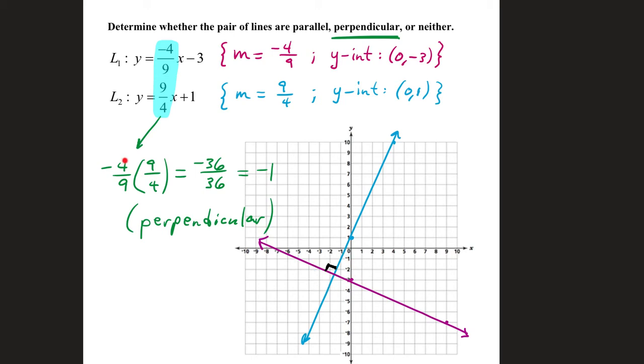If you take the first line's slope and multiply it by the second line's slope, you get negative 1 as the result, and that's how you can test for perpendicular. Another one is a quick visual. If you take the first slope, flip it over, and change the sign, and you get the second slope, that's a quick way to determine perpendicular as well.